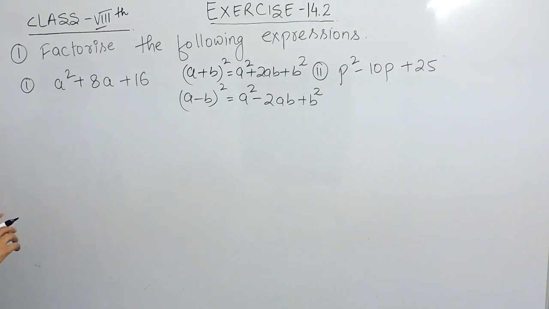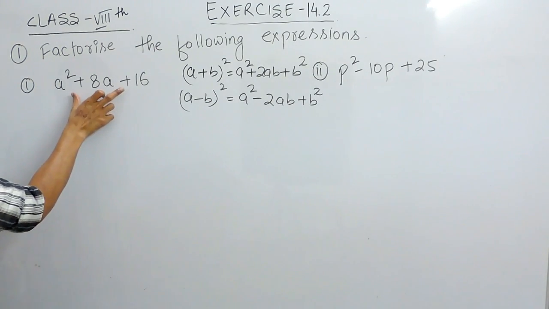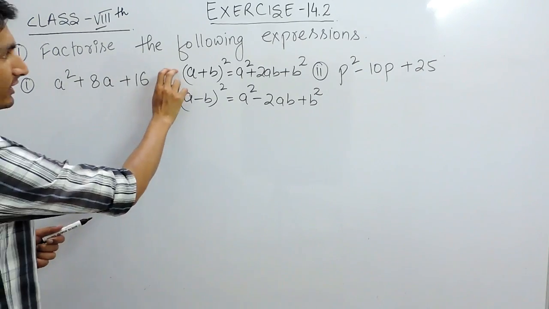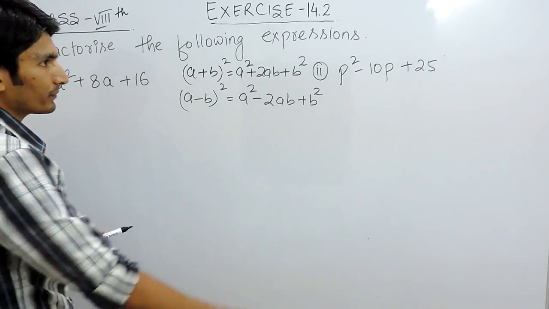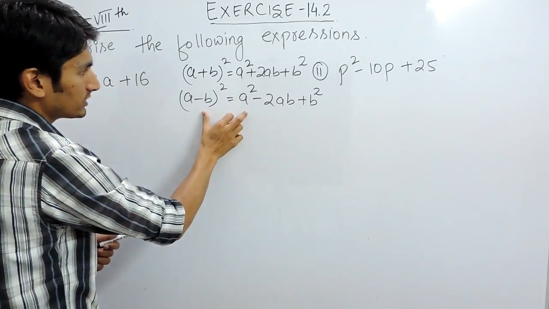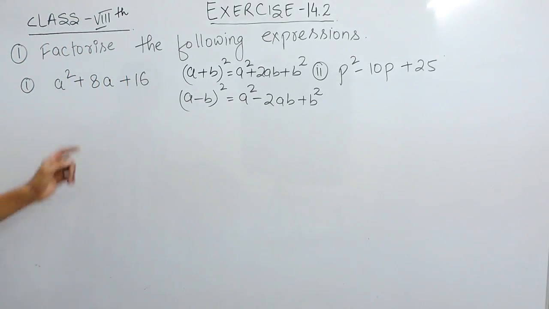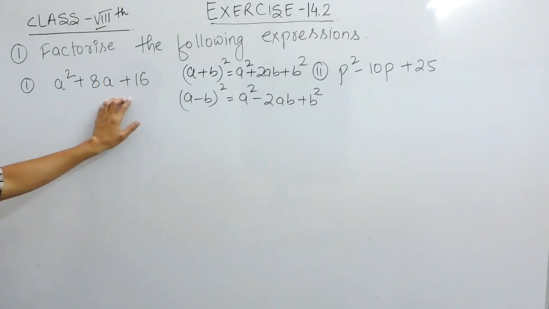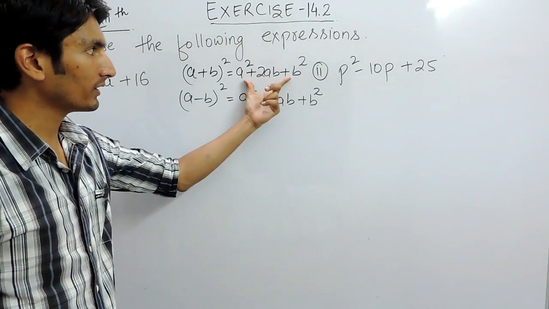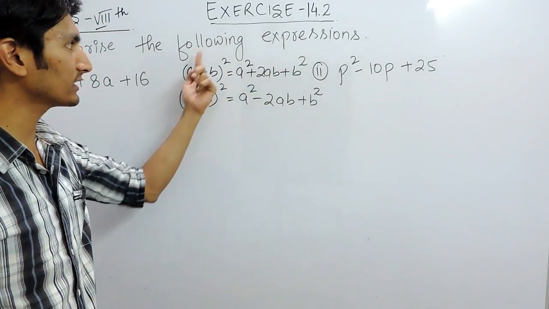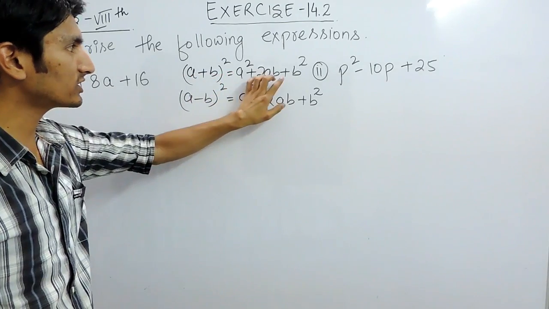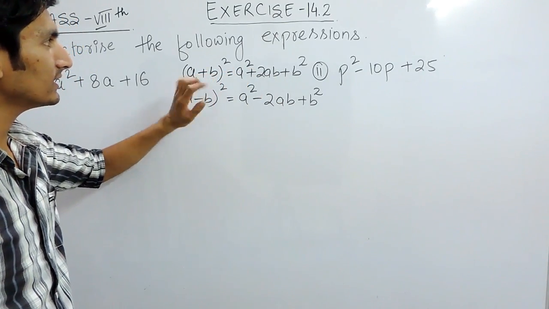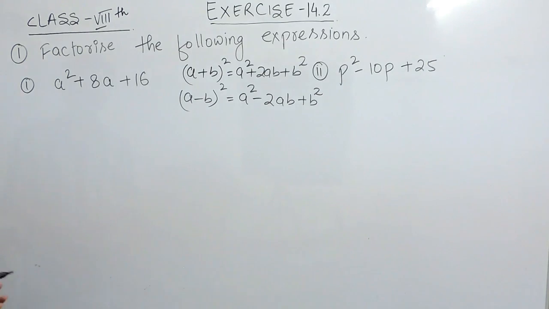Now this is positive, so obviously we will use the first formula, and here it is negative, so we will use the second formula. This expression is in this form and we have to convert it into this, because these two are equal. So instead of this, if we can write this, that is how we can factorize this.